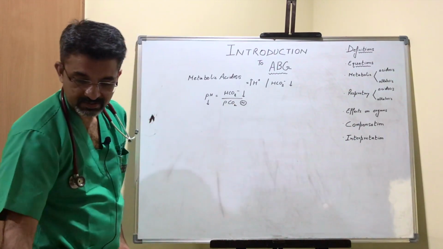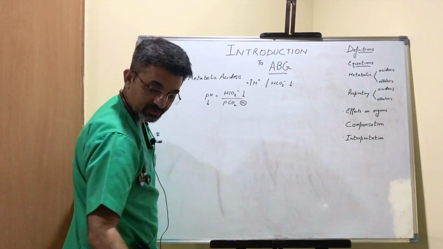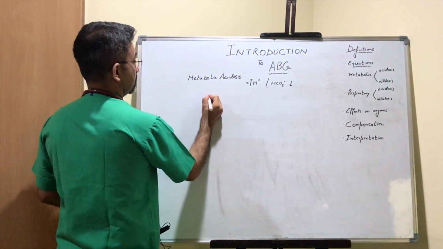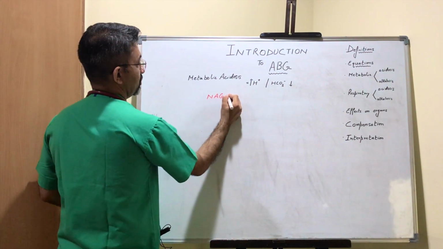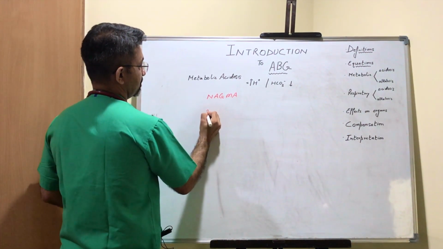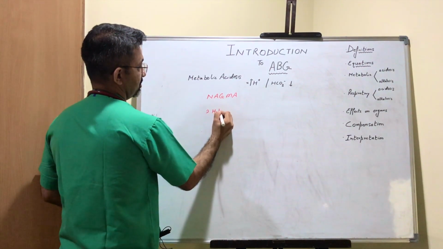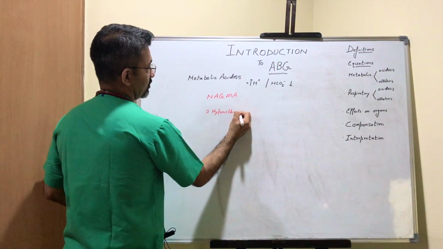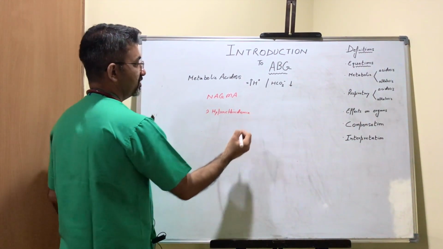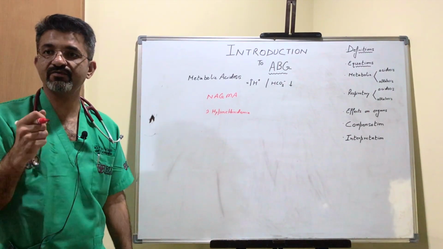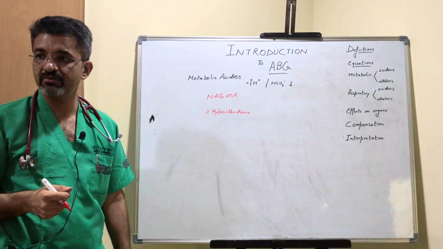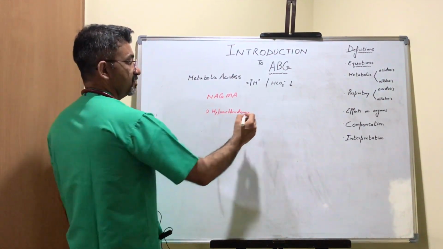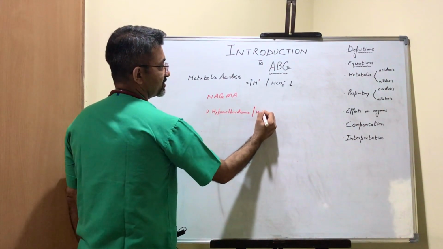So what is normal anion gap metabolic acidosis, NAGMA? We have causes like, the first would be hyperchloridemia. Hyperchloridemia means you are infusing lots and lots of normal saline to a patient. You will produce normal anion gap metabolic acidosis in that patient. Second is hyperalimentation.